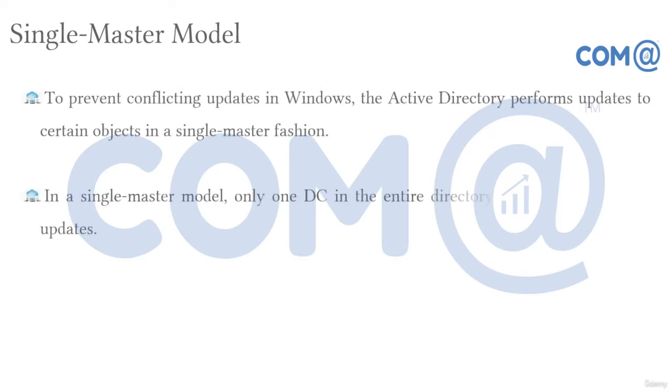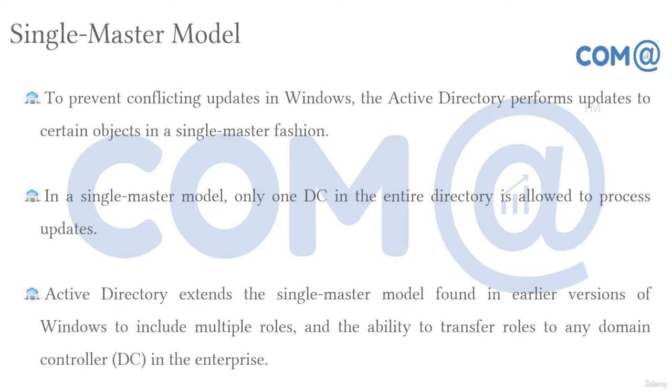Further, understanding the single master model. Basically, to prevent conflicting updates in Windows, the Active Directory performs updates to certain objects in a single master fashion. In a single master model, only one domain controller in the entire directory is allowed to process the updates.